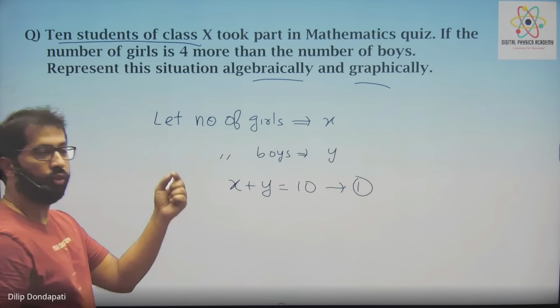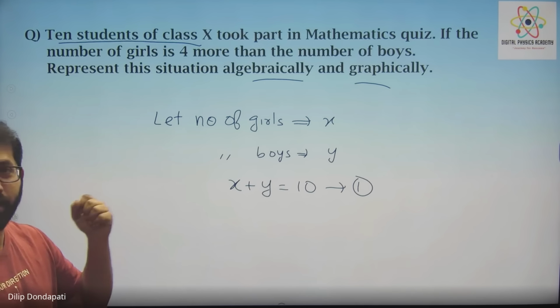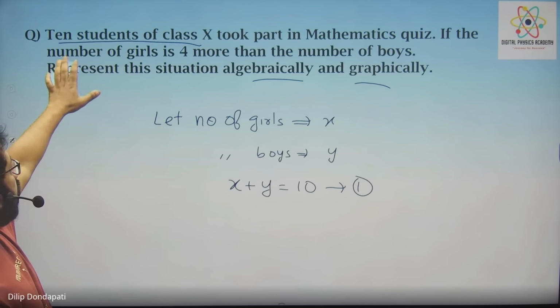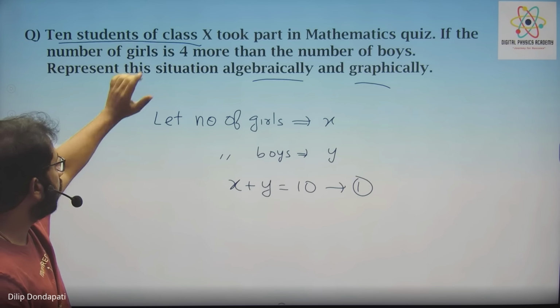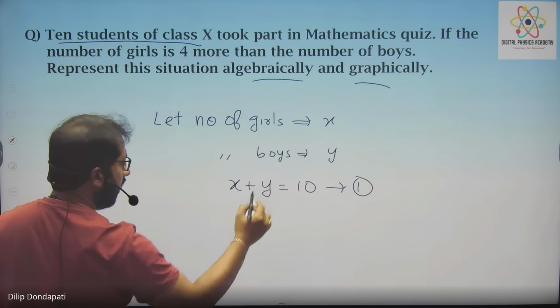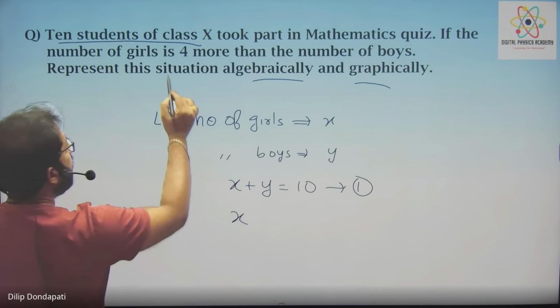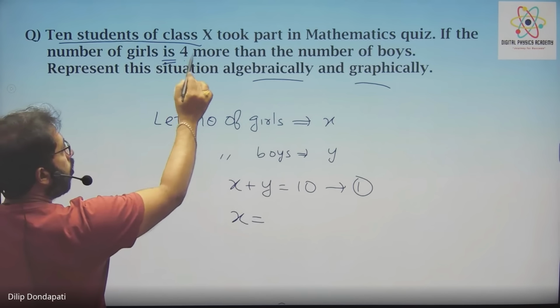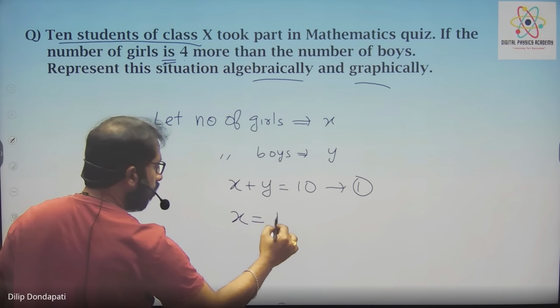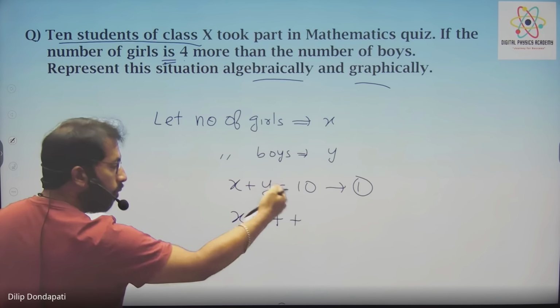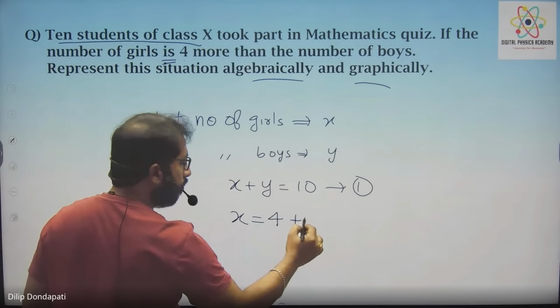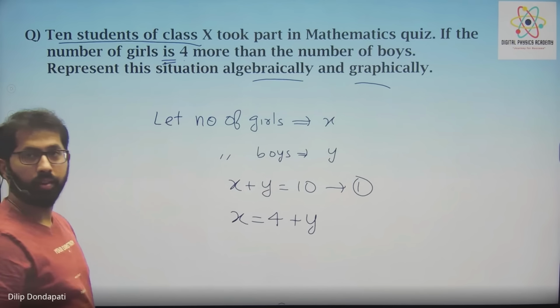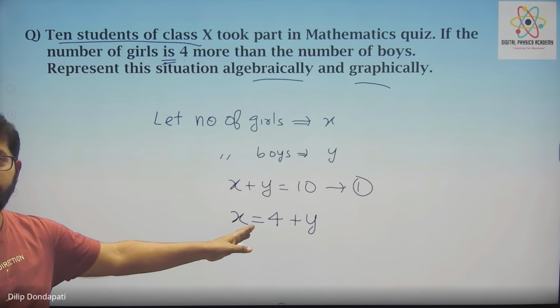If one more equation is there, then it is done. Number of girls I took as x, so x equals 4 plus y, 4 more than the number of boys. Done, the second equation is here.